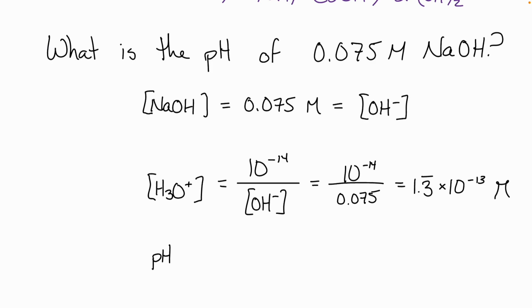So then my pH is just the negative log of that value. How many decimal points should my pH have? 2. All right, remember sig figs in concentration will be decimal places in log space.